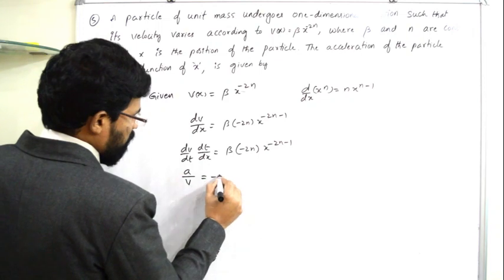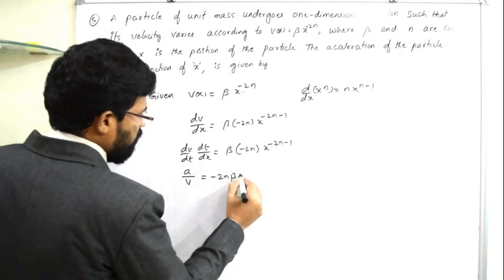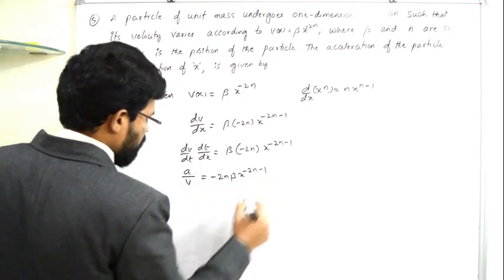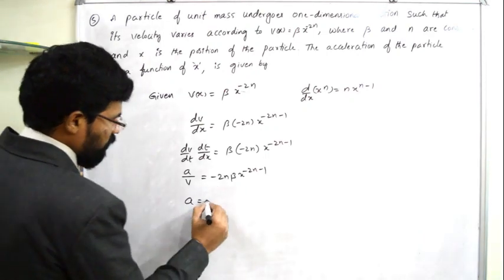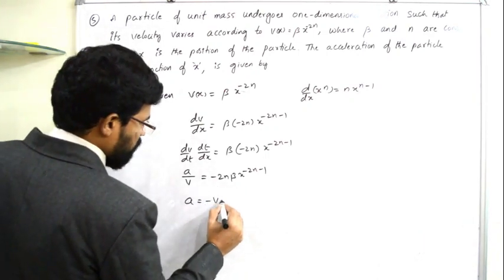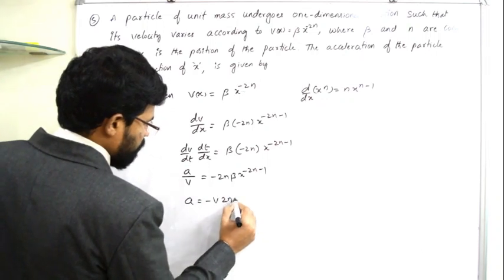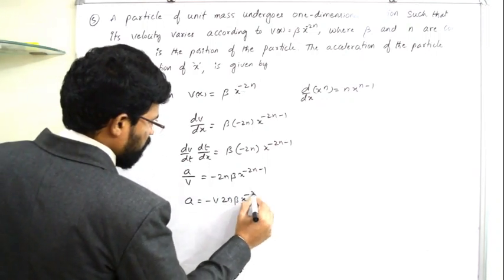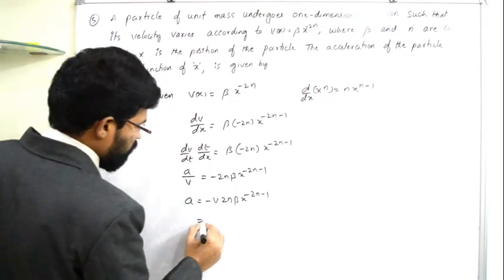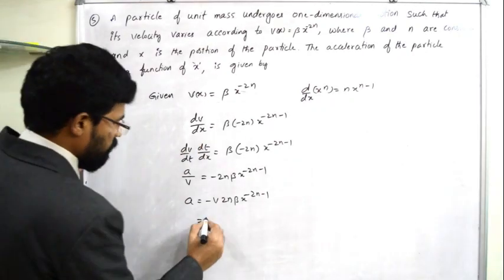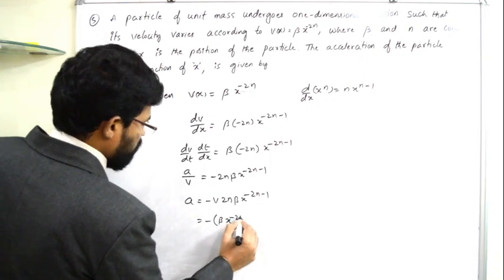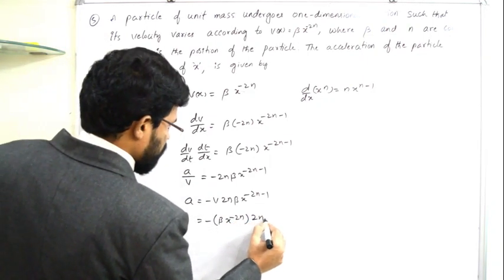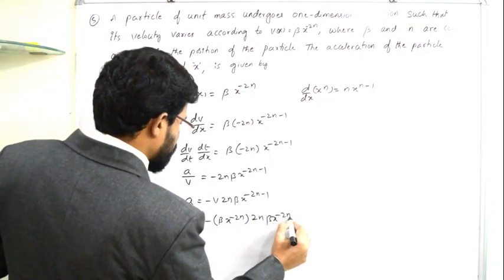So a by v is equal to minus 2n beta into x power minus 2n minus 1. Therefore, acceleration is equal to velocity into minus 2n beta x power minus 2n minus 1. What is v? It is already given: beta into x power minus 2n. So a equals minus beta into x power minus 2n into 2n beta x power minus 2n minus 1.